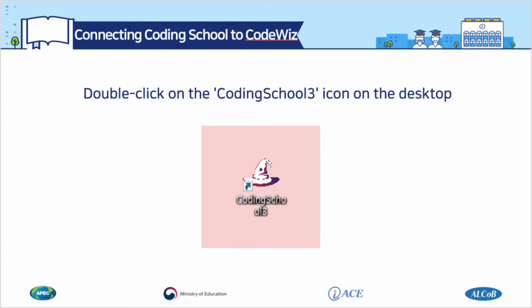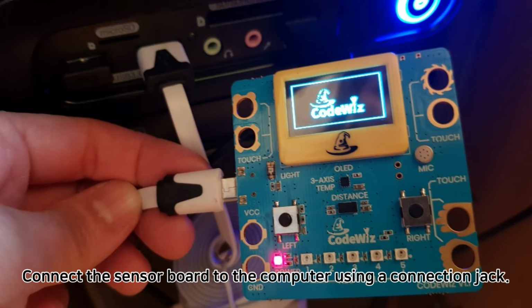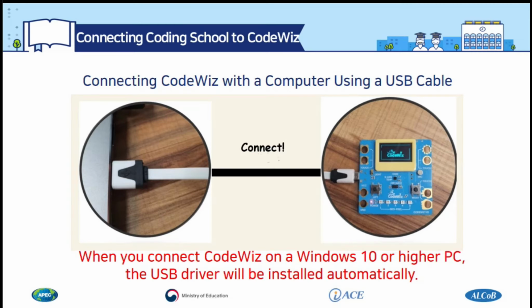Please double-click the Coding School 3 icon on your desktop. Please connect codewiz sensor board to your computer using a connecting jack. When you connect codewiz sensor board to computer with Windows 10 or higher, the USB driver will be installed automatically.